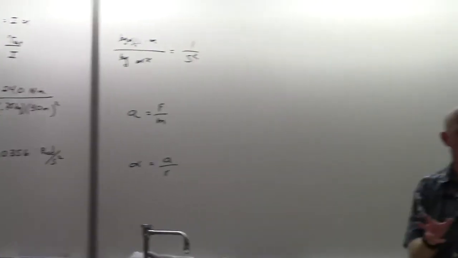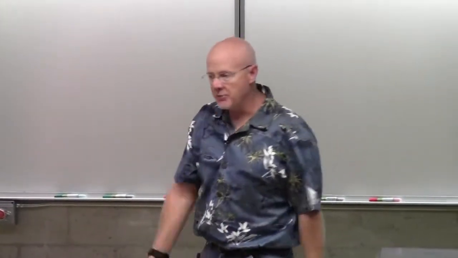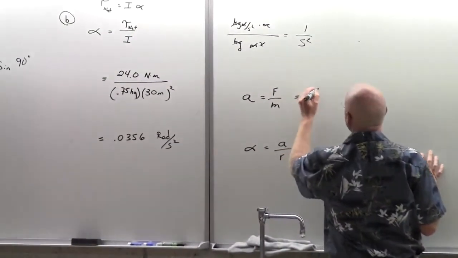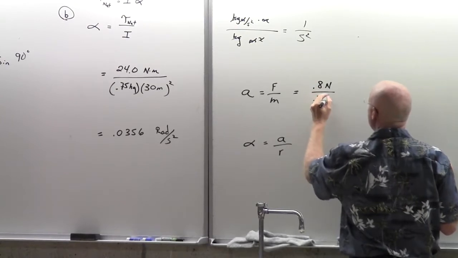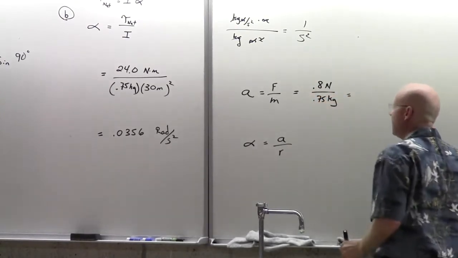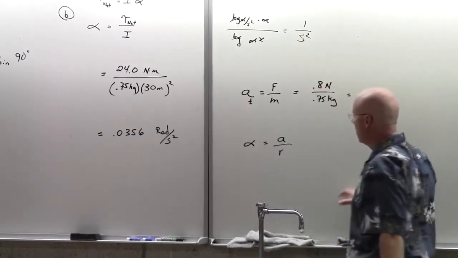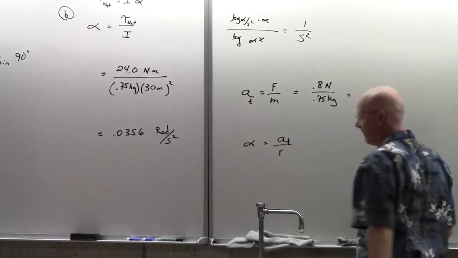That was another nice little feature we learned early on in chapter 10. Let's see if we get the same thing here. To get the translational acceleration, I would take the net force, which is 0.8 newtons, and divide it by the 0.75 kilograms.